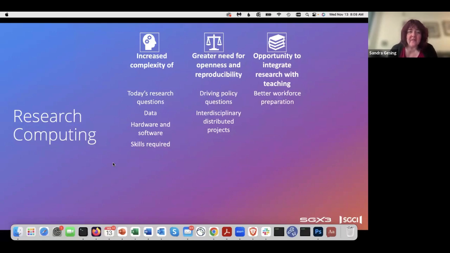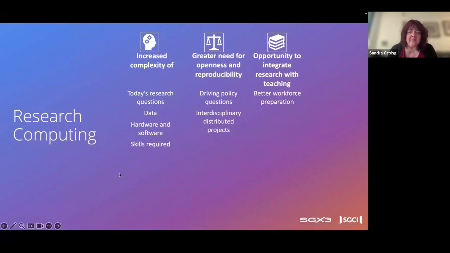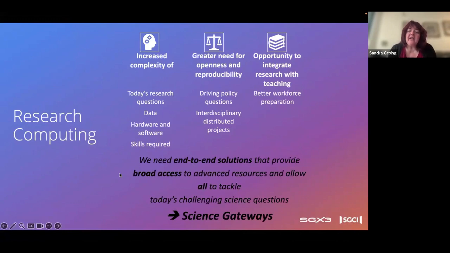So if we look then, we need end-to-end solutions that provide broad access to such resources, to the complex research resources, and allow really everyone to tackle today's challenging science questions, and that is science gateways.